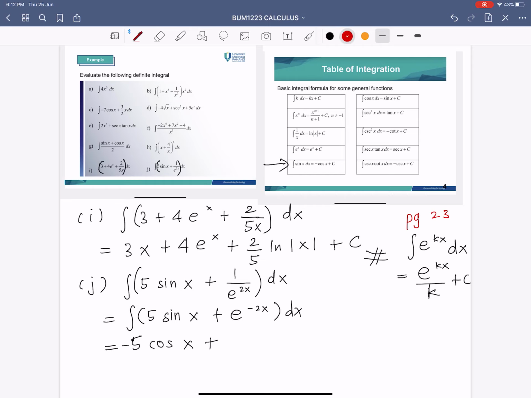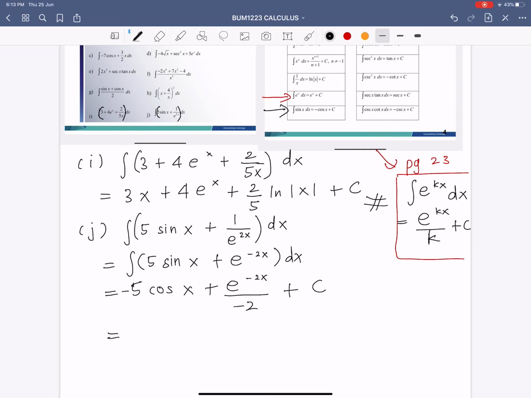So for integration e power of negative 2x, it is like this because we have a constant k here where k is equal to negative 2. So the result for integration e power of negative 2x will be e power of negative 2x over k, where k is negative 2, plus c.